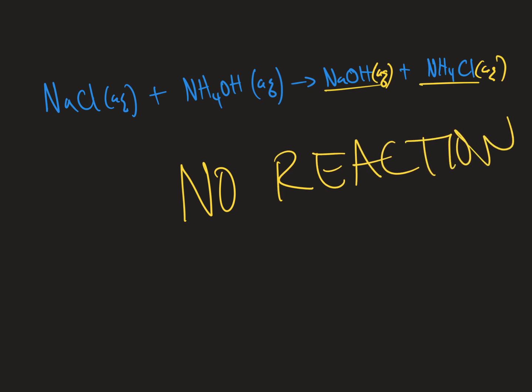No reaction. This is not a precipitation reaction. We call it a no reaction. Nothing happens. They just dissolve, and that's it. Are we good? All right, you ready for the last one? Or do we have another question?